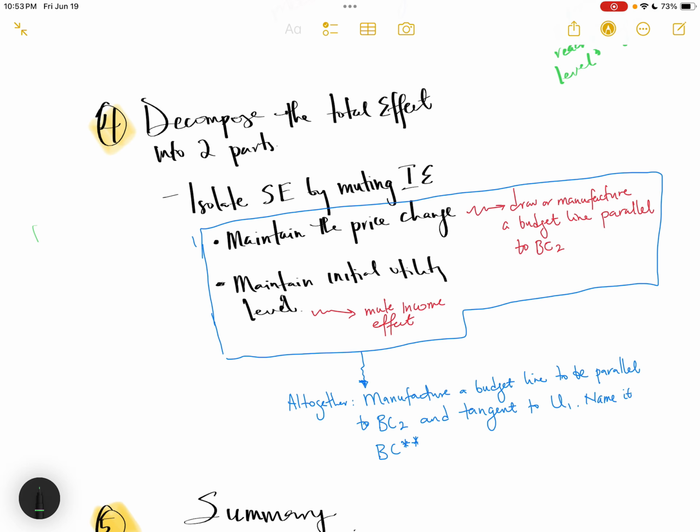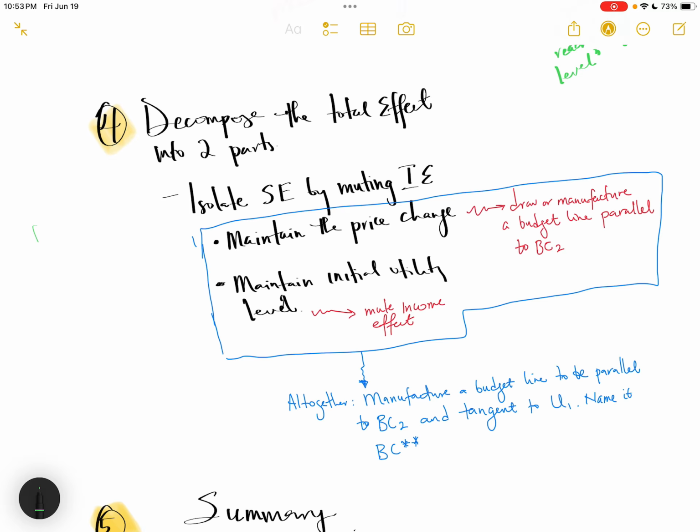Now, in this case, we are looking at a drop in price, and so we are reaching a higher utility level. So to mute the income effect, you need to remain at the initial utility level, but maintain the changed prices, which is why your manufactured budget constraint has to be parallel to BC2.